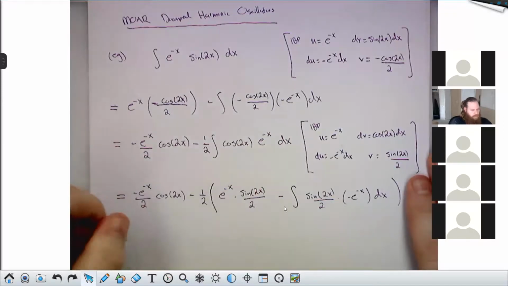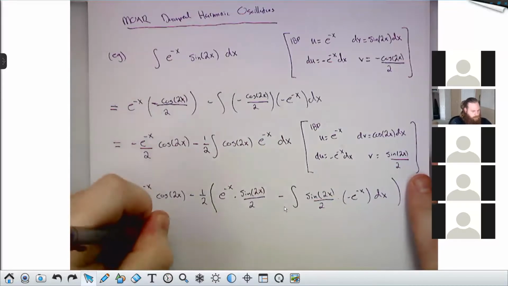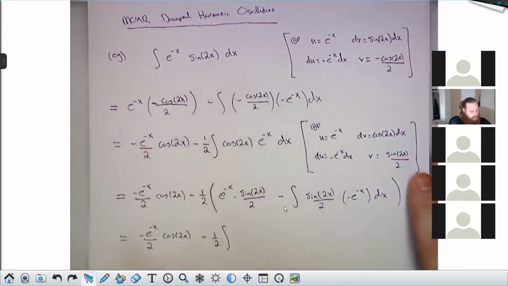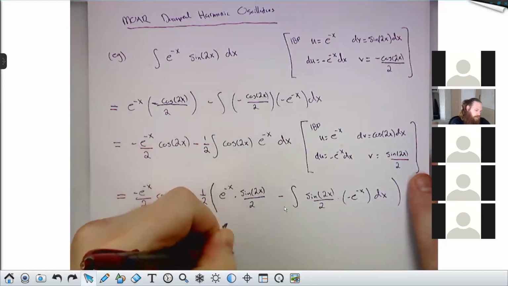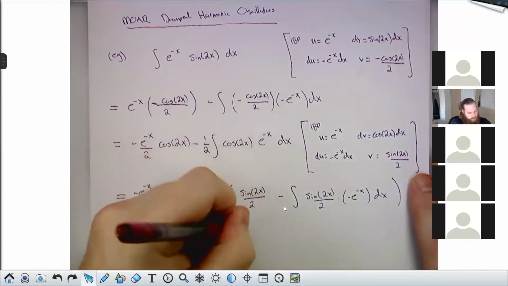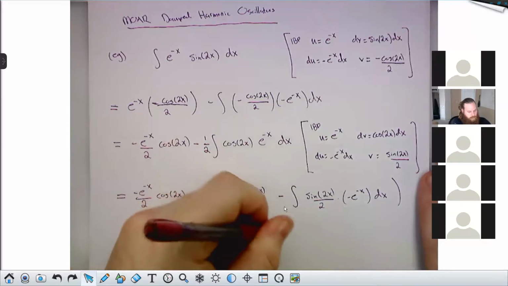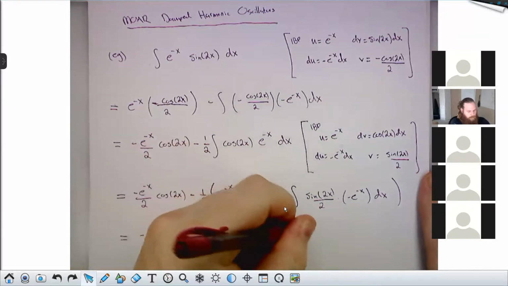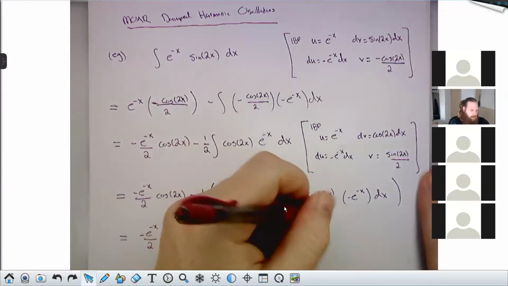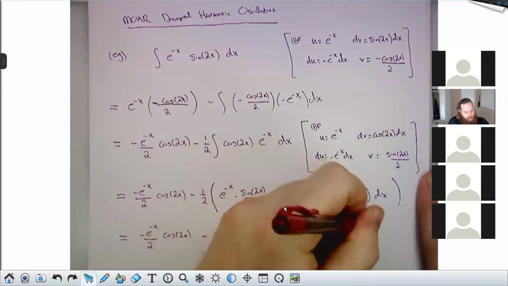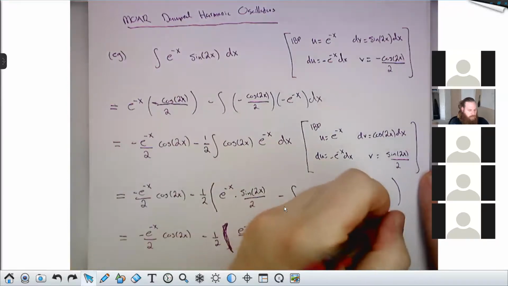So we'll have negative e to the negative x over 2 times the cosine of 2x minus 1/2 big paren, e to the negative x over 2 times sine of 2x plus 1/2 integral sine 2x e to the negative x dx, close big paren.